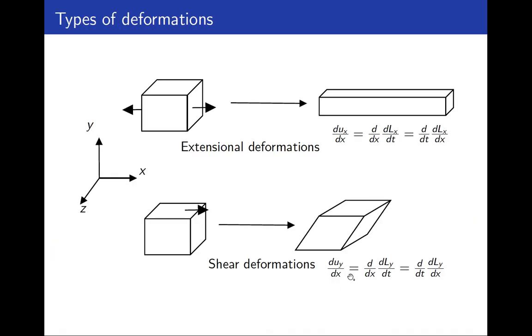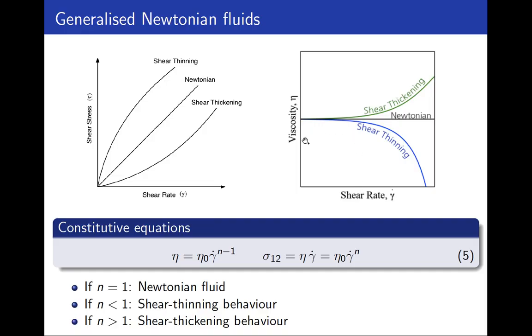But those fluids are very simple, and in industry or in our daily life, we encounter more complex fluids, that means fluids that do not exhibit a linear behavior between the shear stress and shear rate. We might have fluids that behave as shear-thinning, or fluids that behave as shear-thickening, where we observe a non-linear behavior.